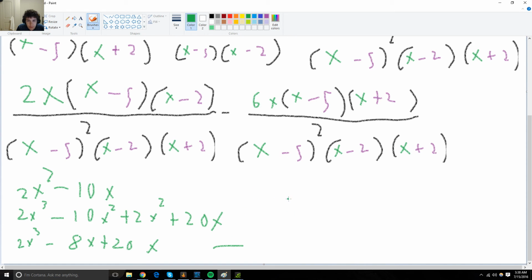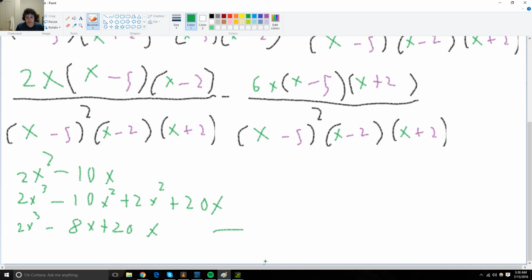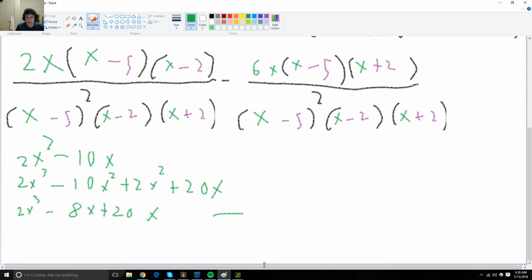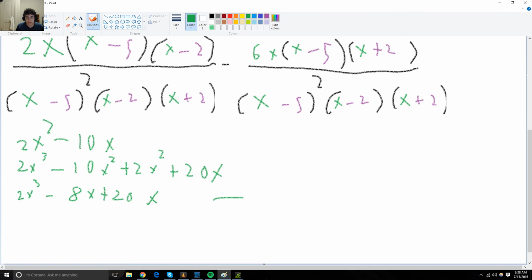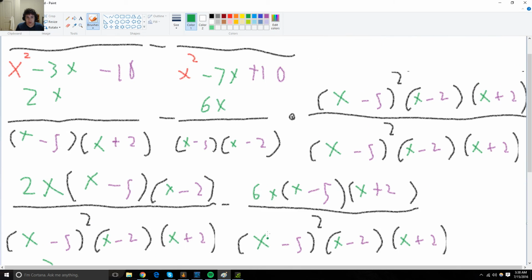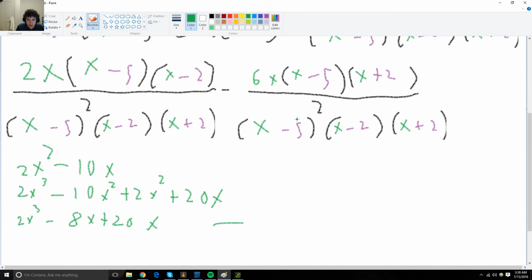I'm going to do the work up here again. Let's make some more space because I'm going to need it. Okay. So that's just going to be 6x squared minus 30x.